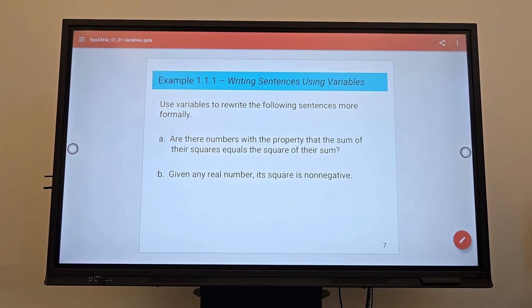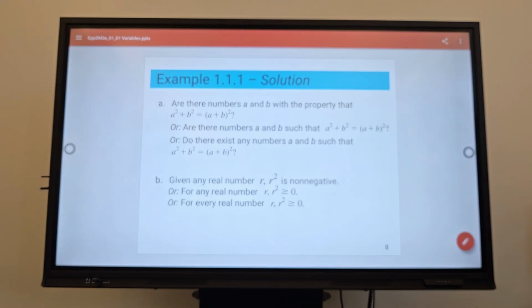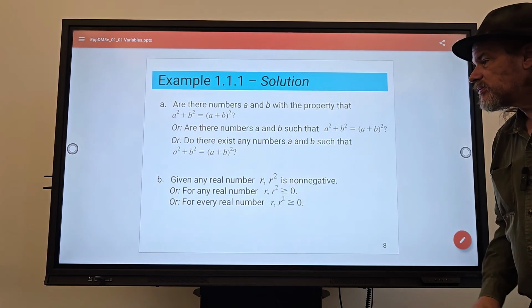Given any real number, its square is non-negative. So for any real number r, its square, r squared, is going to be greater than or equal to 0. It gives the solutions here. a squared plus b squared equals a plus b quantity squared. And there are different ways of writing the same statement.